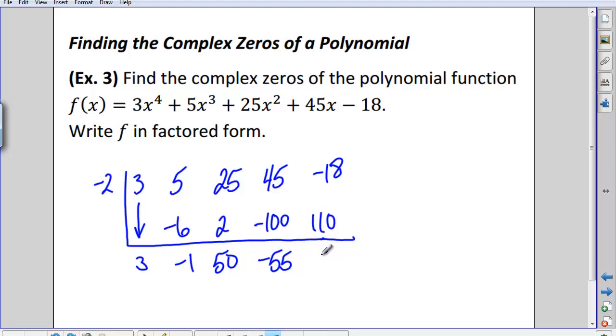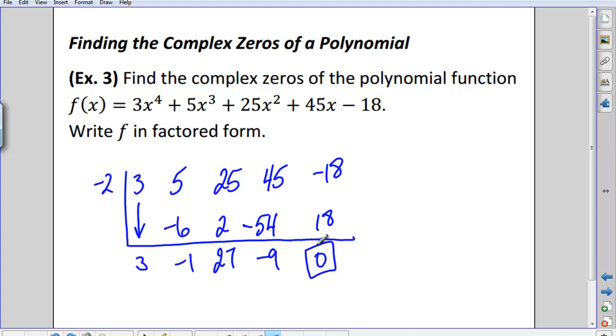So we get a remainder of 92. Did I make a mistake anywhere? Whoops. Looks like I forgot to add. See, one little mistake in your synthetic division, and you may realize this by now, can cause mayhem later on down the road. But get that fixed, and there we go. There's that remainder of 0 I was looking for.